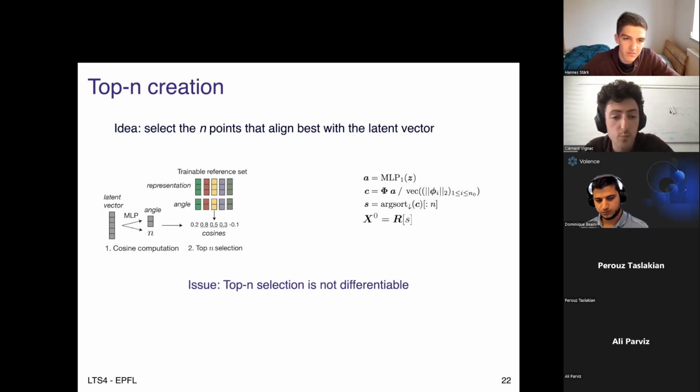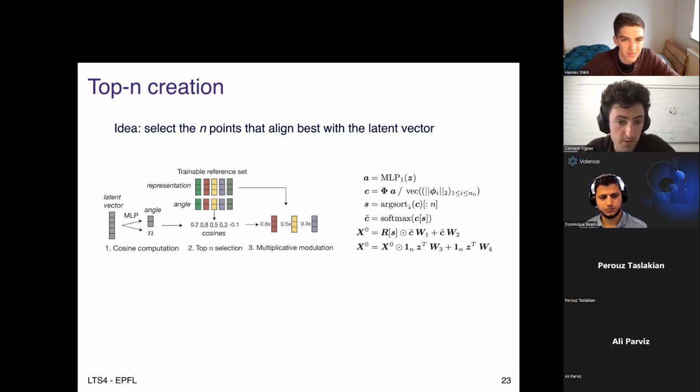And then we pick the points that align best with the latent vector. So we compute the cosines and we select the top n cosines. The issue with this is that selecting the top n cosines has a gradient of 0 almost everywhere. Well, it's not 0, it's not defined. So you cannot train this. You have a problem of differentiability here.